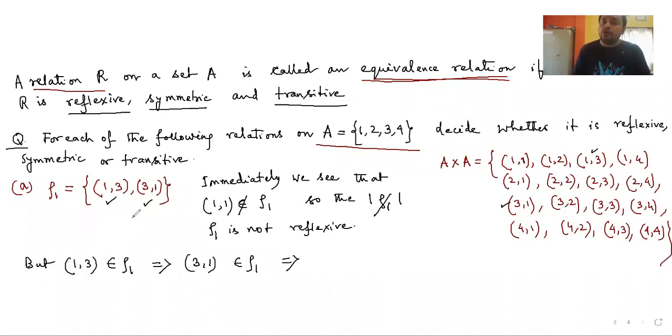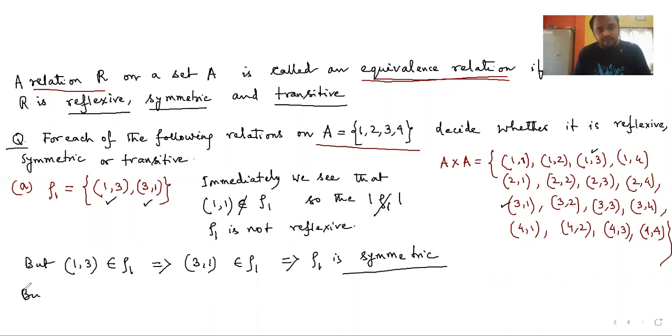It is true for all the elements present in rho 1. So therefore, rho 1 is symmetric, isn't it? So it is satisfying the symmetricity property.